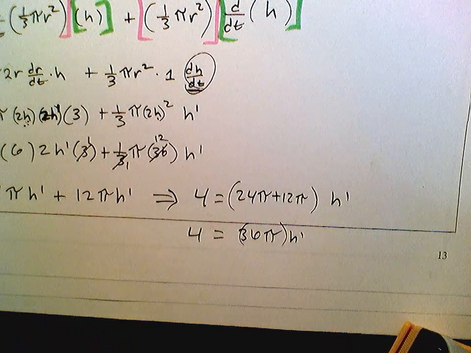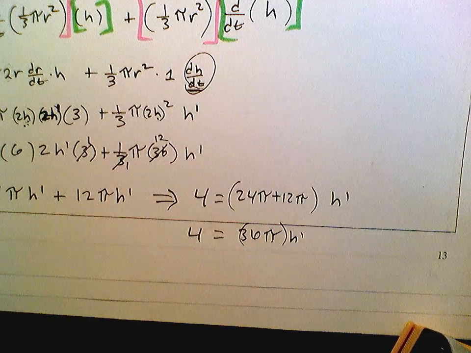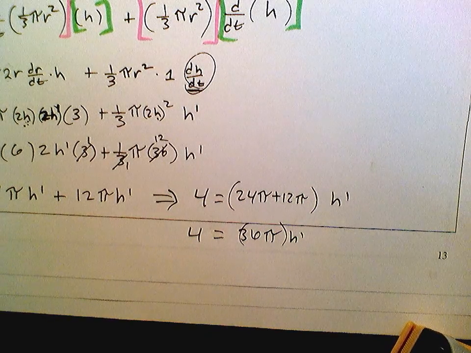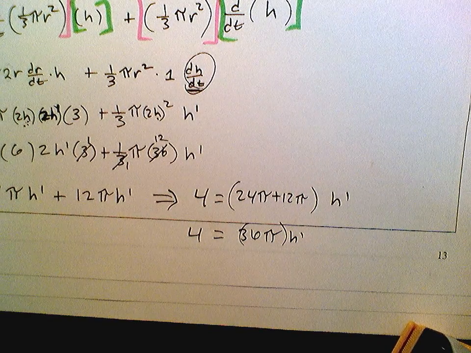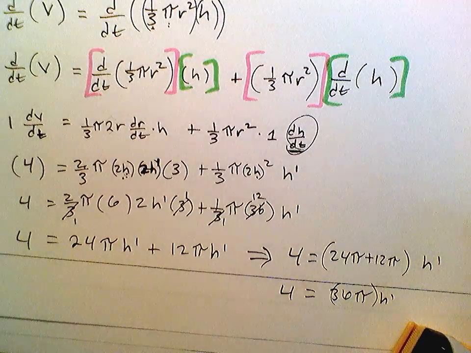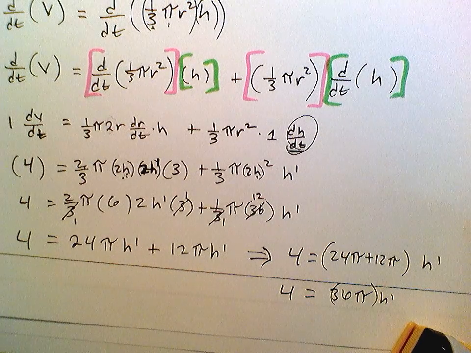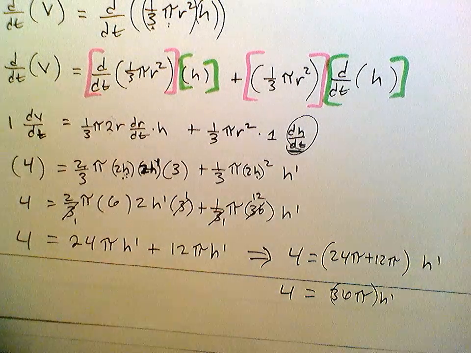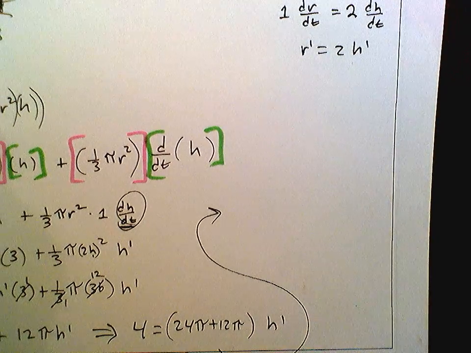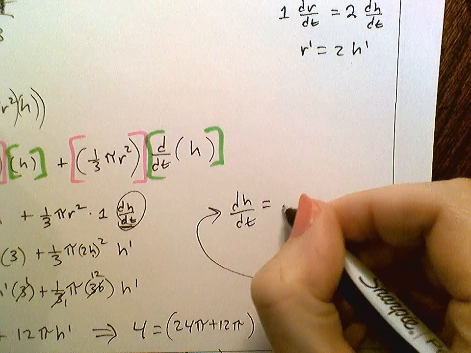I'm explaining it, that's why it's going slow. Shoot, I multiplied them. 4 divided by 36 pi.